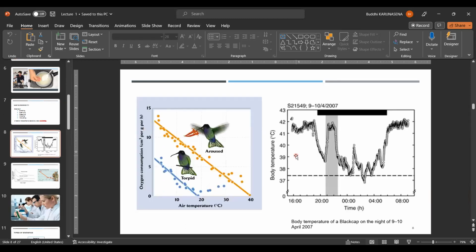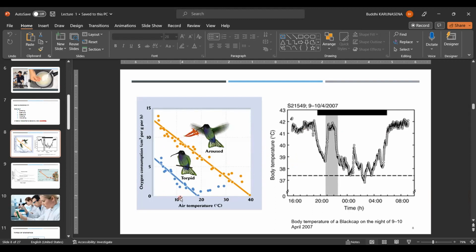Here I have given you some examples of how we can use statistics in certain disciplines. For example, in zoology, you can use statistics in this kind of study.